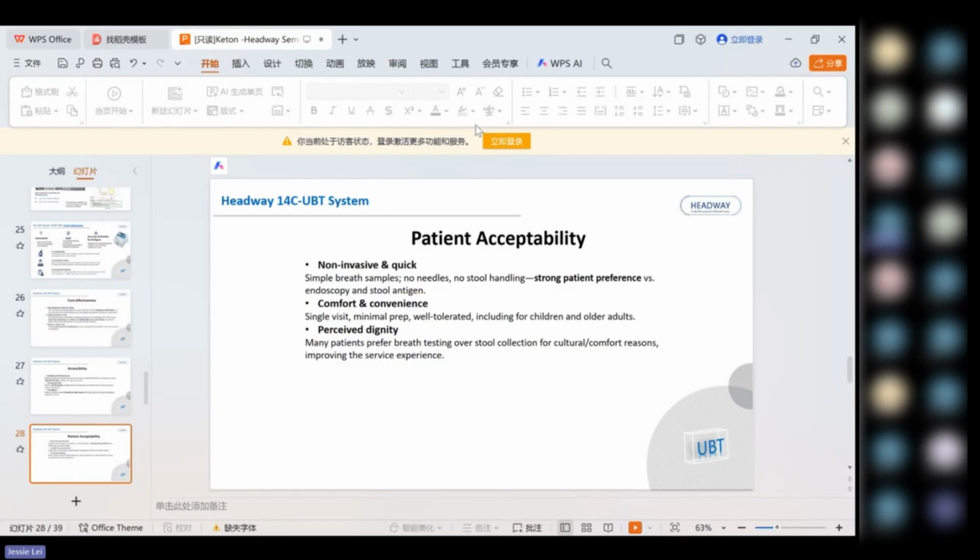Also, it is widely accepted by patients because it is non-invasive and quick, and the test procedure is comfortable and convenient.